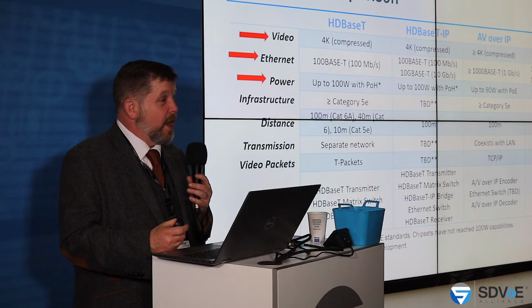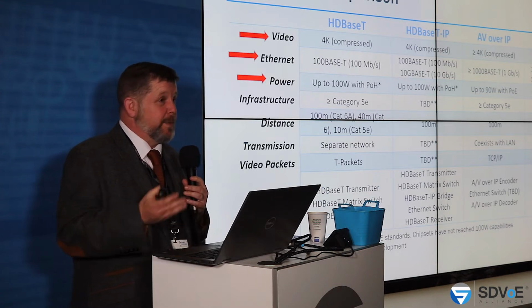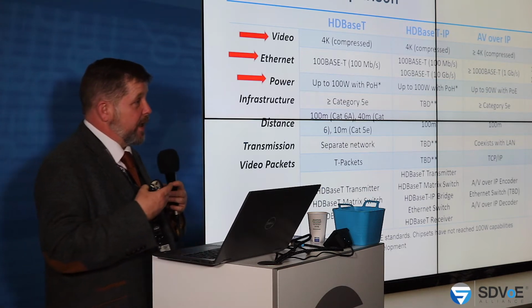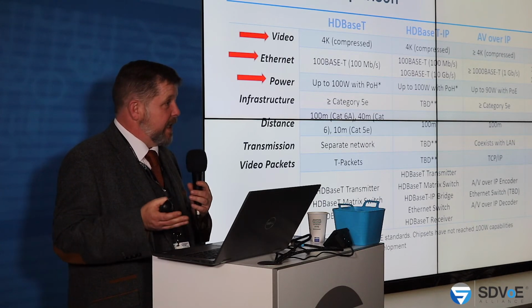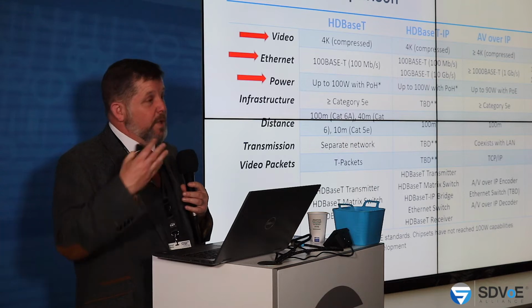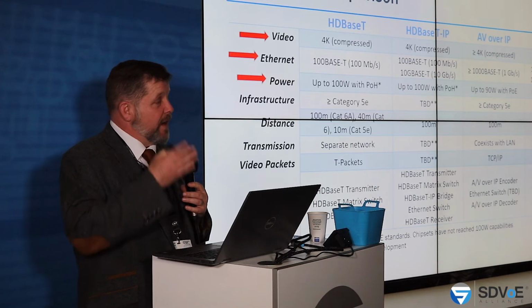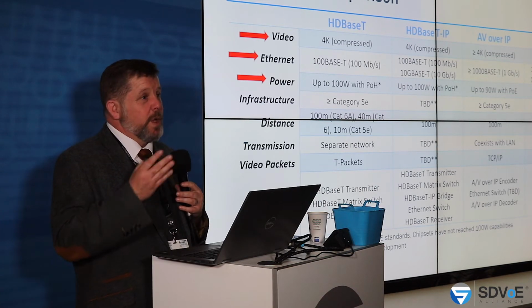And the answer is you can't. You're looking at 50, 60 meter reductions. If I'm designing a building, I don't want to touch that infrastructure for 10, 15, 20 years. I might want to move my screens, my AV systems. If I've built the infrastructure right, we will be able to support it moving forward.